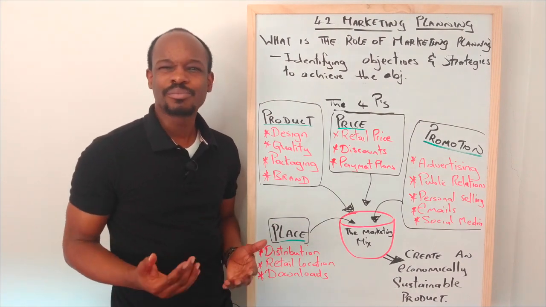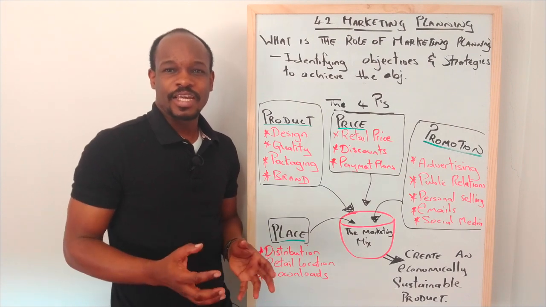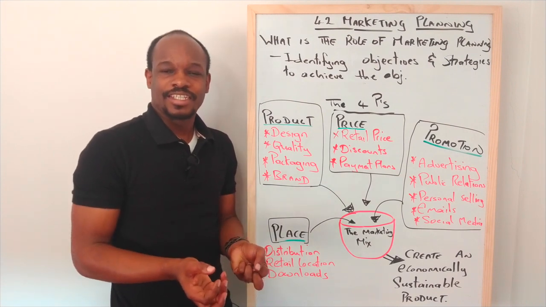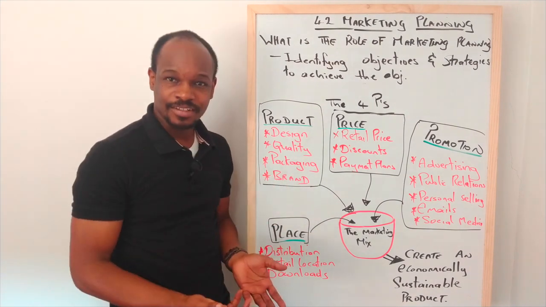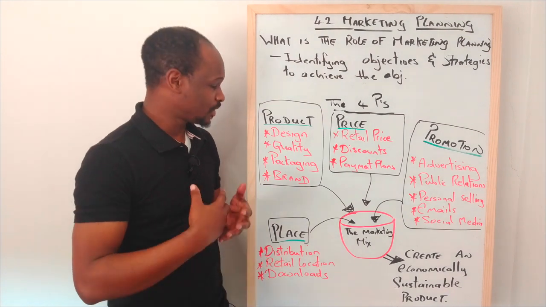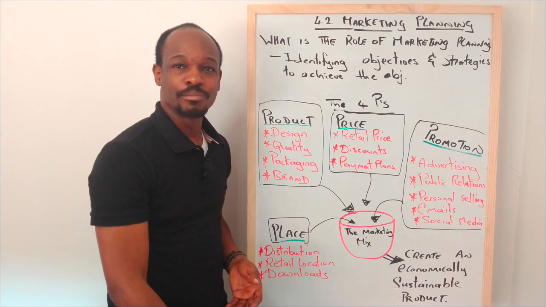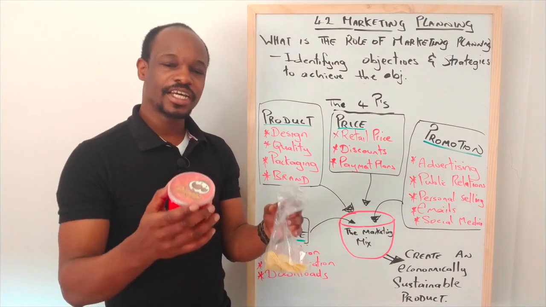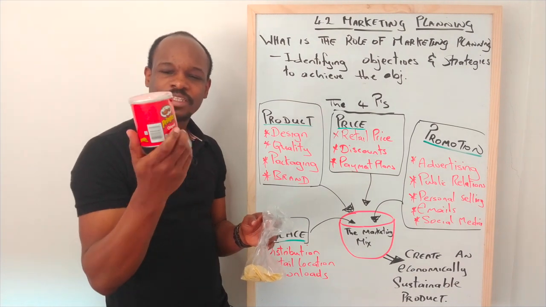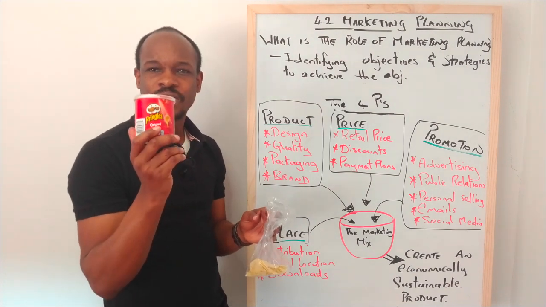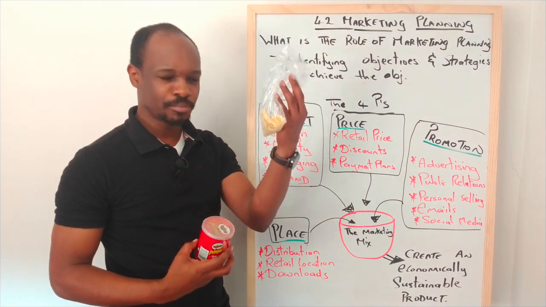Now, when we talk about the product, it is the thing that you will actually get. First, you have to consider things like the design of the product, the quality, the packaging, and the brand. In this case, you're looking at this design, this is nice, it's handy. It can fit perfectly into a lunch pack, as against this with no color, where you're just seeing the product.